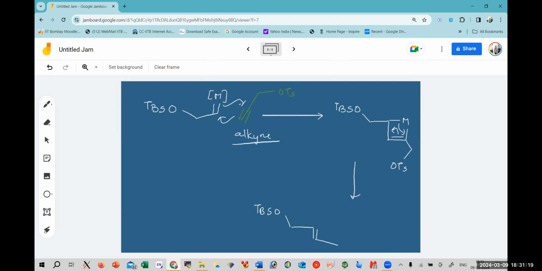Then this is having CH2 and OTs, and this part is having a double bond to M. Now when this reacts with your CH2=CH2, it would release M=CH2 and end up having TBSO, double bond, OTs.